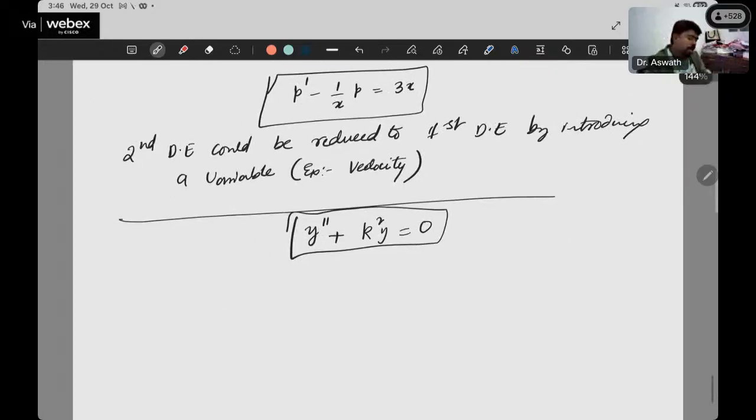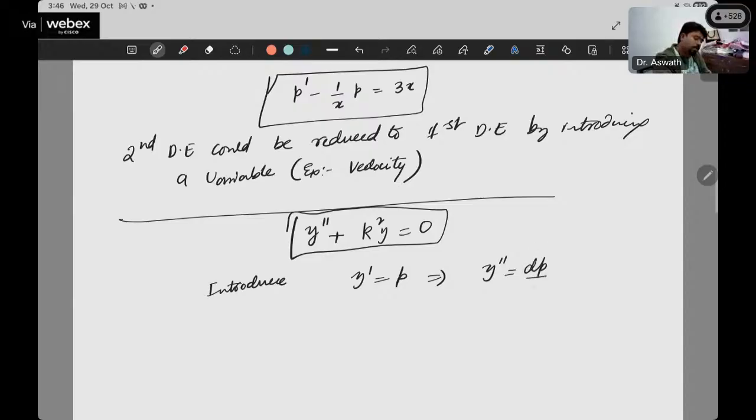What I'll do is introduce a variable as a velocity component, like y dash is equal to p, which implies y double dash is the derivative of p.